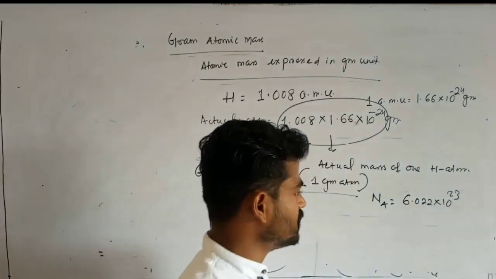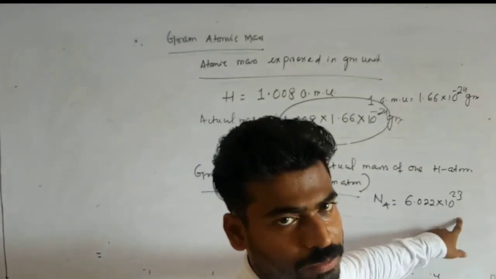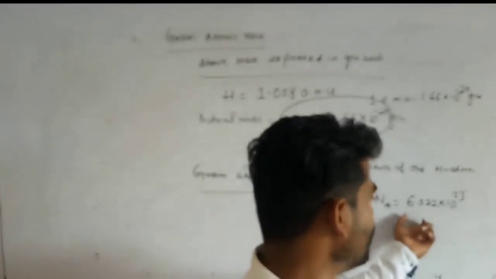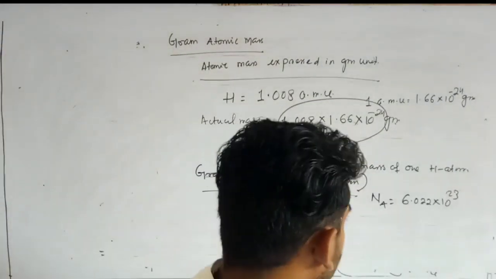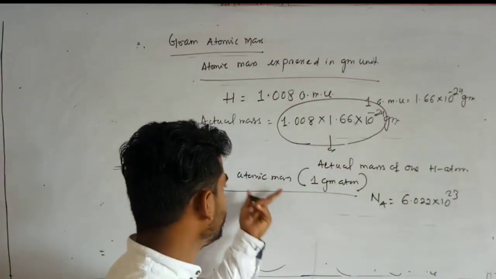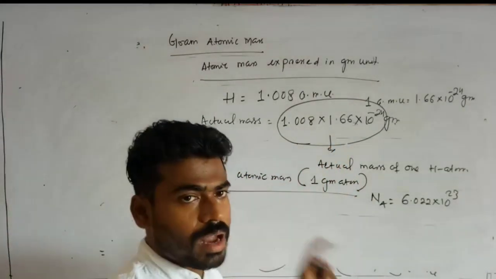I wrote 6.022 into 10 to the power 24 earlier, but I am familiar with this number, so I am using 6.022 into 10 to the power 23. You just multiply this with this, then you are getting gram atomic mass or 1 gram atom.